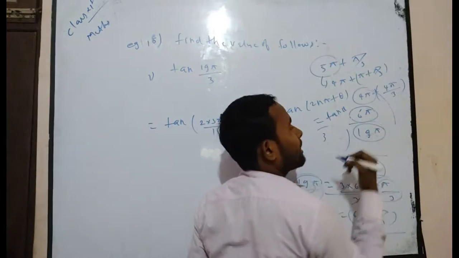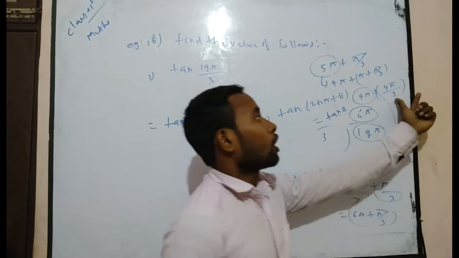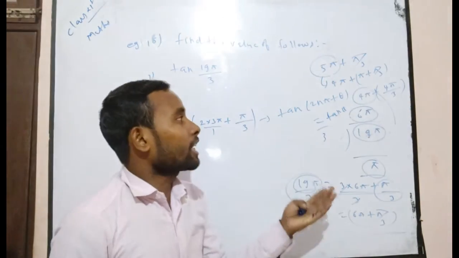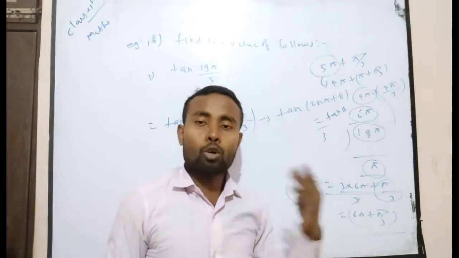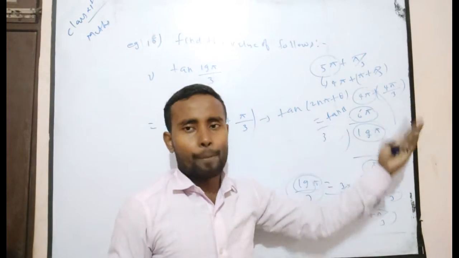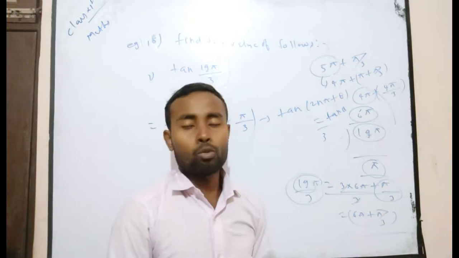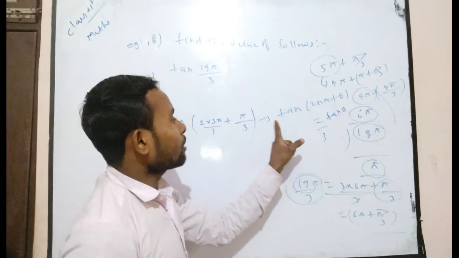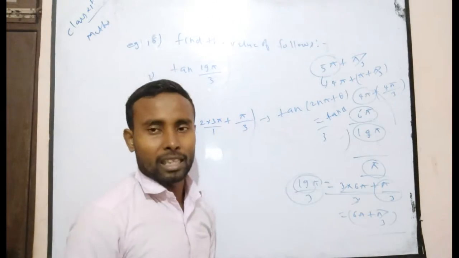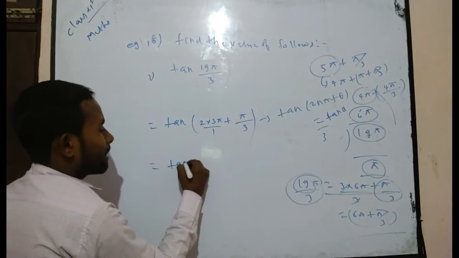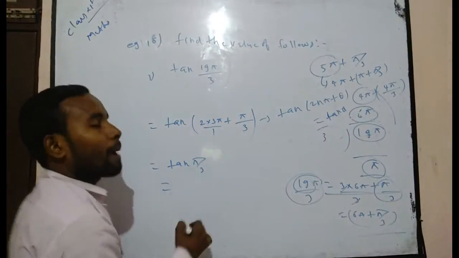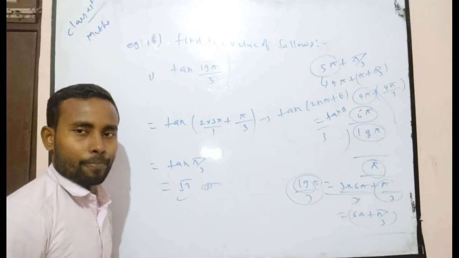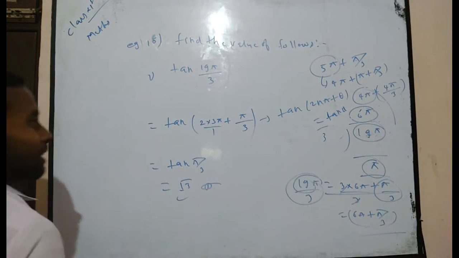After it you get this angle, and you can consider 4 pi by 3 as pi plus pi by 3, and again use the formula for any trigonometric function of pi plus theta. In a simple way you can find it. Here it is just like 2n pi plus theta, and as you know tan(2n pi plus theta) is equal to tan theta, so you can write it as tan pi by 3. As you know, tan pi by 3 is equal to root 3, so its value will be root 3. I think this is very simple. Now we take the next problem.